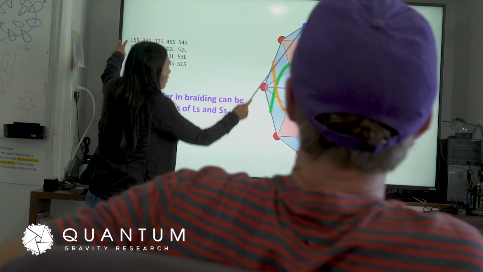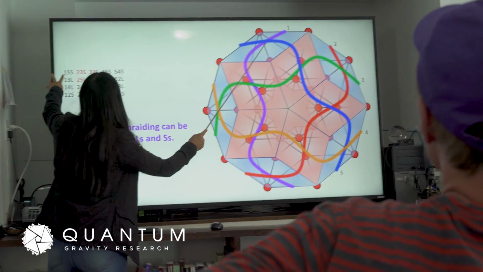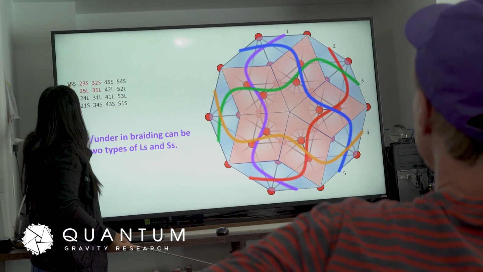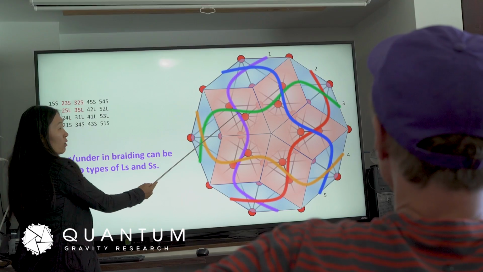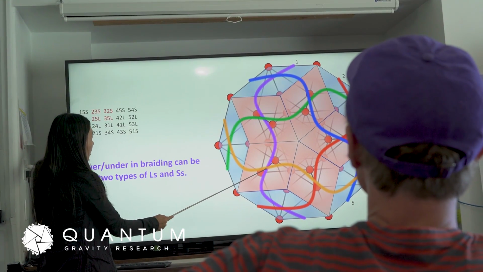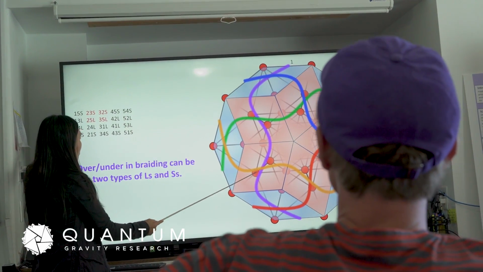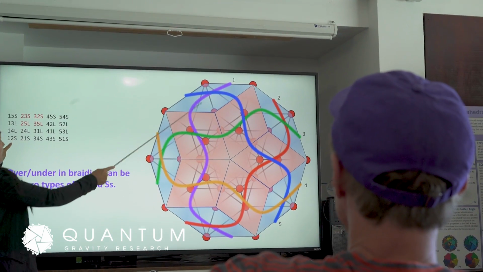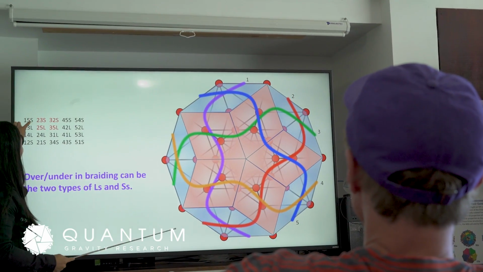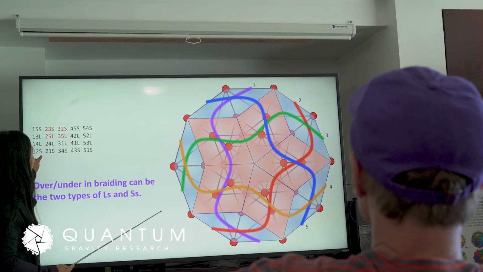Number 1 and number 5 intersect at an S, and number 1 and 3 intersect at an L, and then number 1 and 4 is an L, and number 1 and 2 is an S. So you see S, L, L, S, S, L, L, S, right?